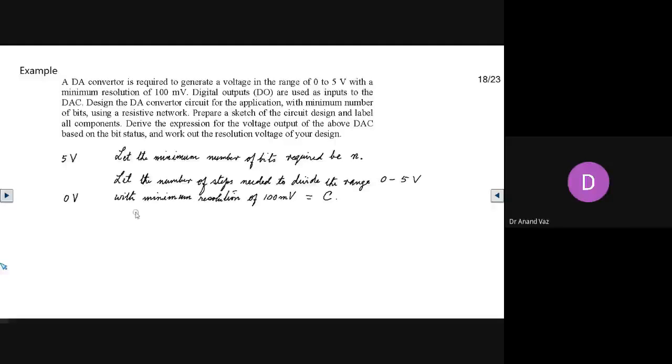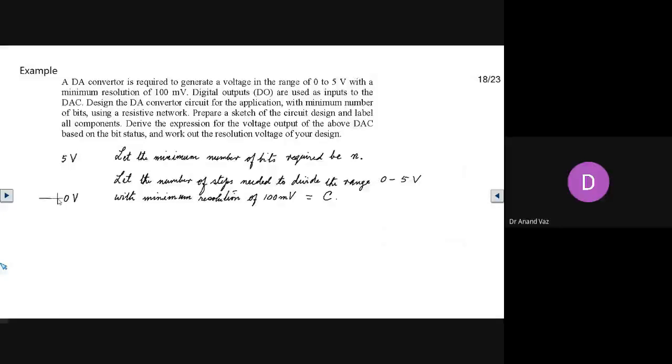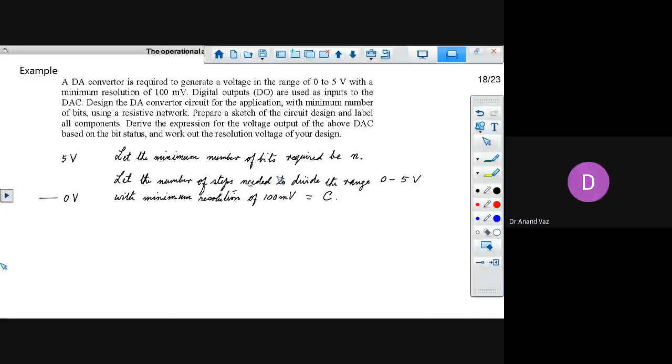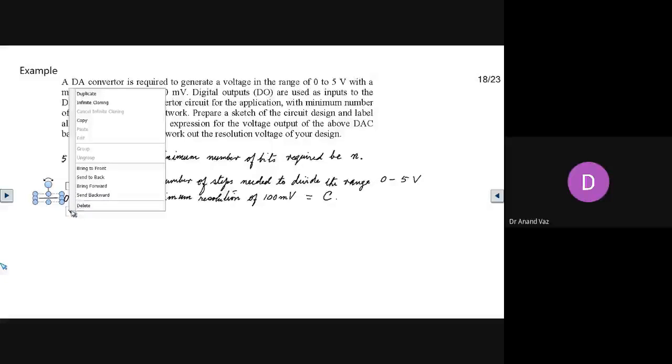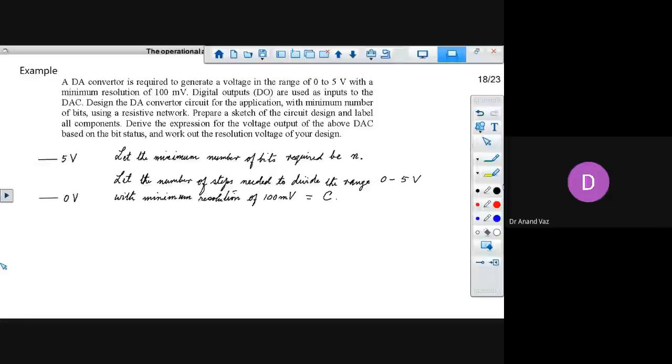Now, what should the count be equal to ideally? So this range from 0 to 5, we are going to break this range into C different steps.